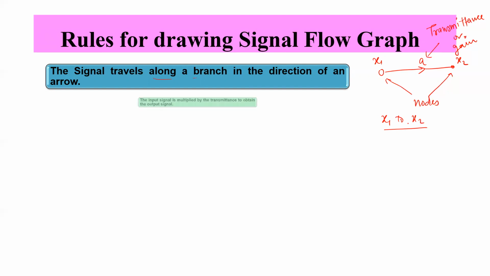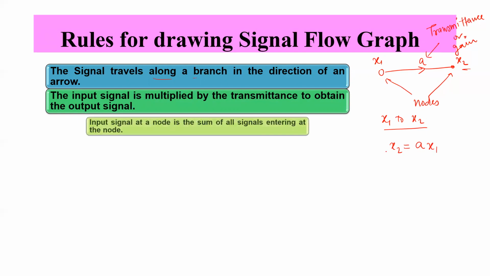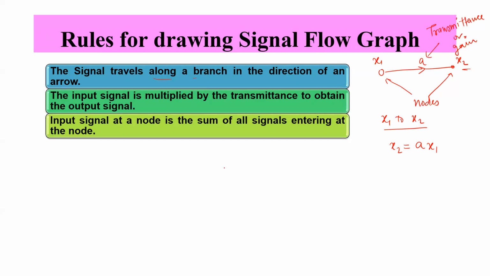The second rule is that the input signal is multiplied by the transmittance to obtain the output signal. So this response x2 is equal to the product of the transmittance of the branch and the signal that is coming to that branch, right? Third, the input signal at a node is the sum of all the signals entering at that node. So there may be some signals coming like this.